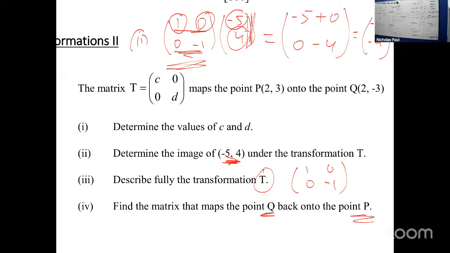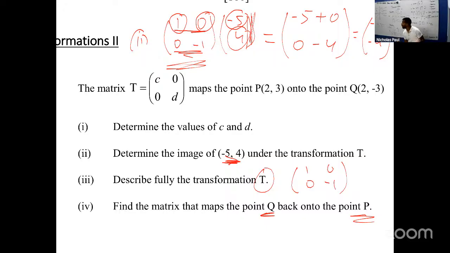Then you will recognize something when you find the inverse.